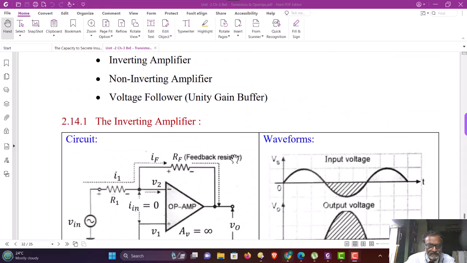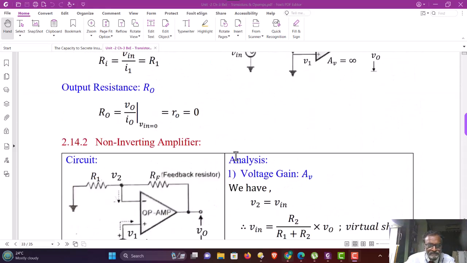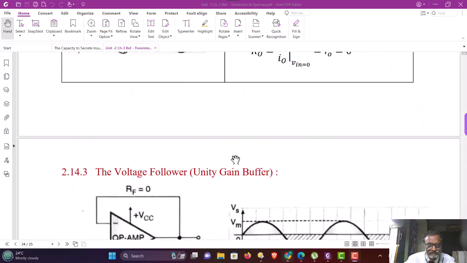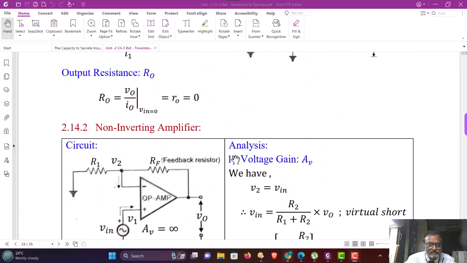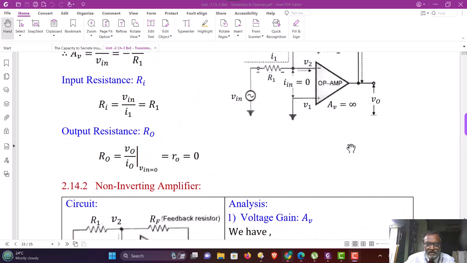Let us go back. So RO approaches 0 since the op-amp is ideal. For a practical operational amplifier, the value of RO is very low. For op-amp 741, the output impedance is just 75 ohm.